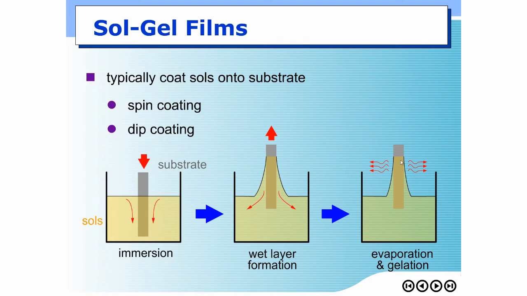So not only do you have to consider drying of the gel here, that would be associated with the foam thickness, you need to consider chemistry as well, because if you drive the solvent out, for instance, if the solvent is water, the chemistry of hydrolysis and condensation will be affected if the reaction is not completely done yet. So when you do the dip coating of sol gel foam, you need to balance the speed by keeping the evaporation as well as the chemistry in mind.